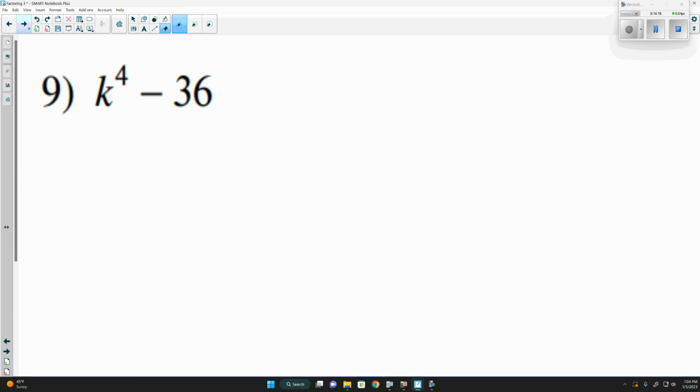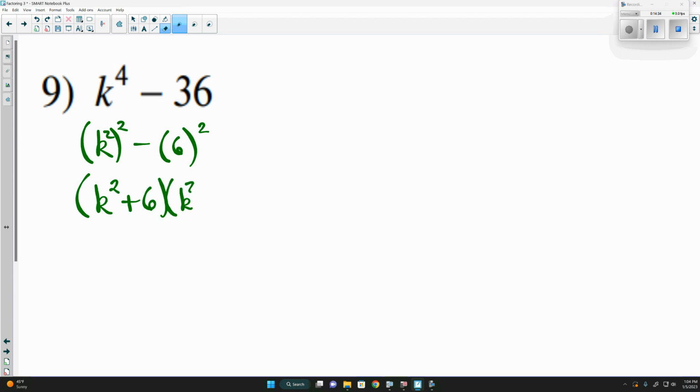K to the 4th minus 36. Yes. So we can rewrite k to the 4th as k squared squared minus 6 squared. So exactly, we'll have k squared plus 6 and k squared minus 6. Now is 6 a perfect square?